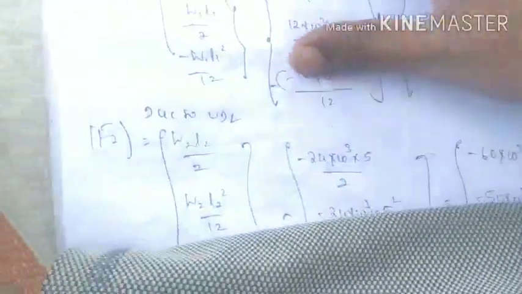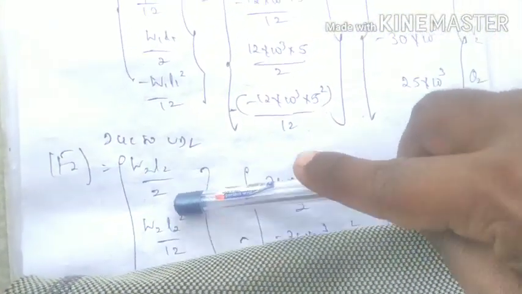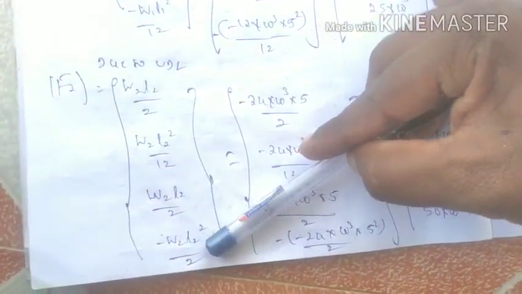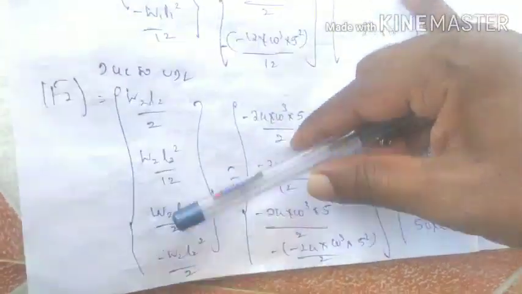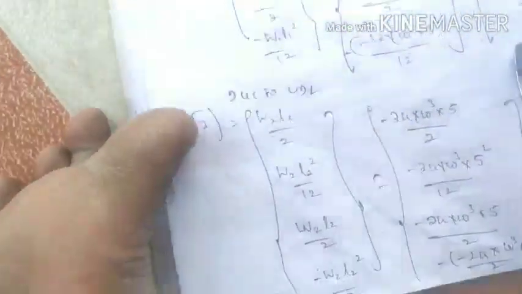Similarly element 2 is also subject to UDL, but here now we need to substitute W2 L2. So W2 L2 by 2, W2 L2 square by 12, W2 L2 by 2 and minus W2 L2 square by 12.